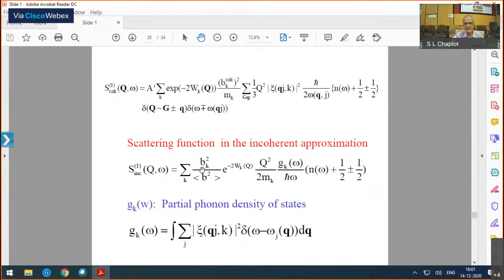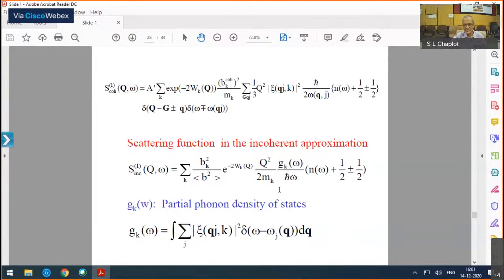Here we have just normalized it with the total scattering length for the entire sample over k. The Debye-Waller factor, you have Q² divided by the mass of the atom k, and the integral over the frequencies is the phonon density of states, what we call here the partial phonon density of states coming from the atom k.